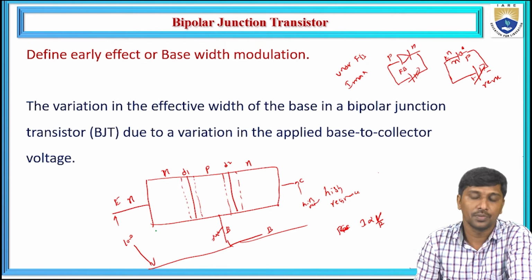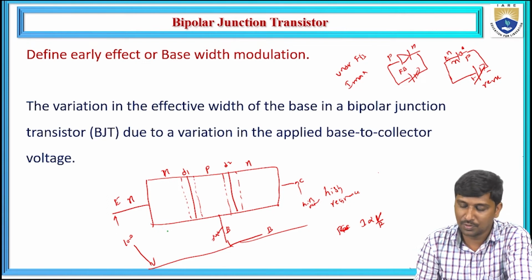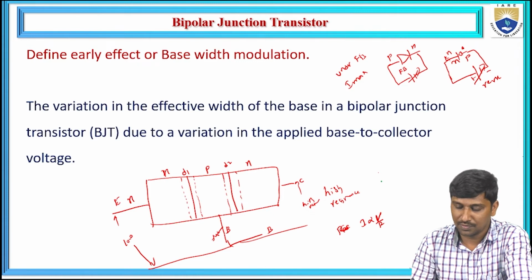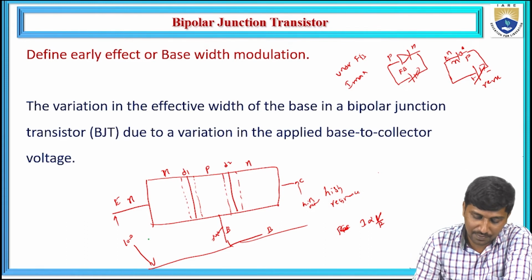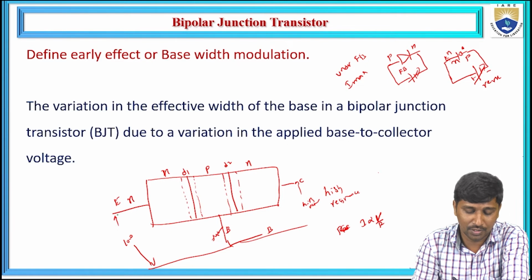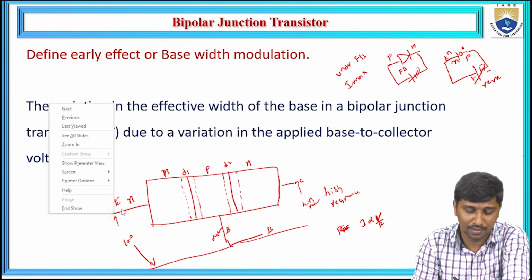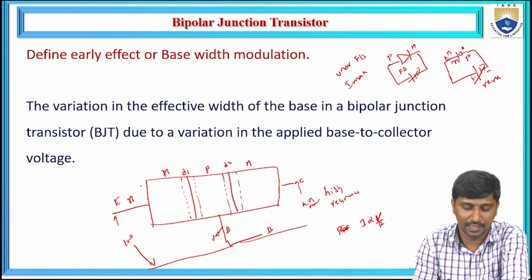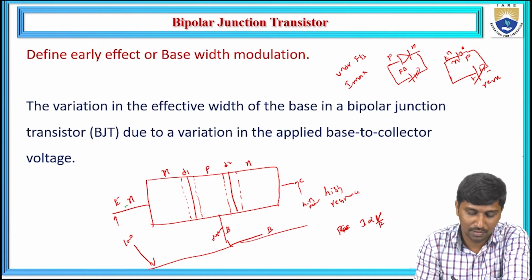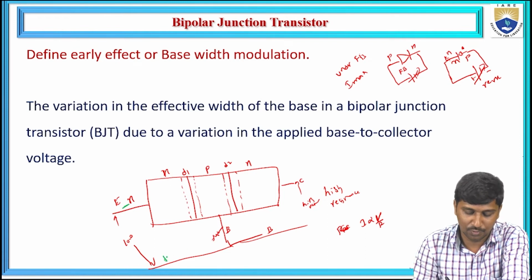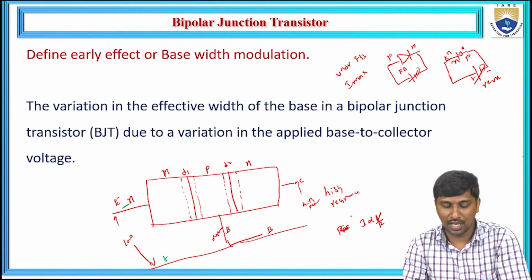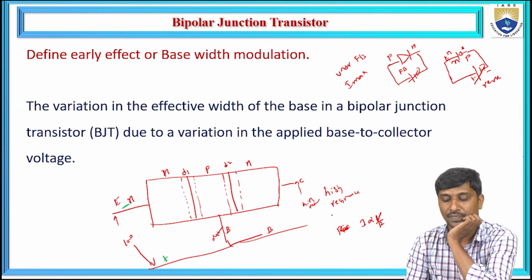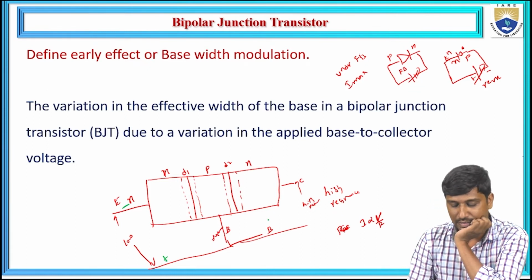Now we need to draw the circuit. We need to apply the forward bias. The emitter is N type, and N means we require negative charge particles, so for this emitter we apply a negative charge with respect to the base. Similarly, at the output side we need to offer high resistance. To offer this, we need to connect the reverse bias.